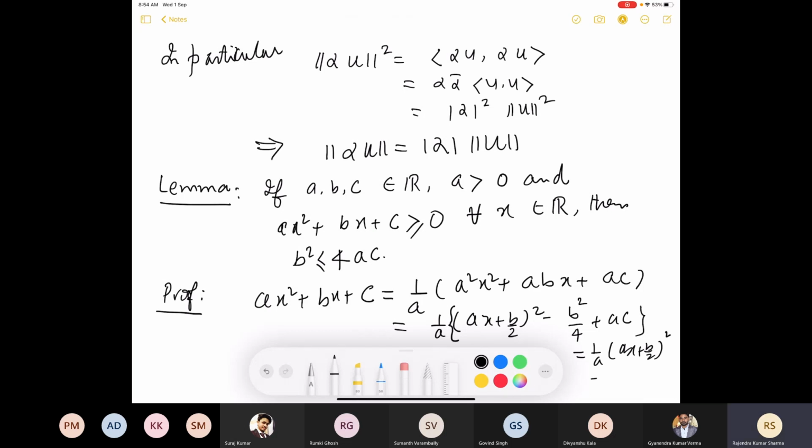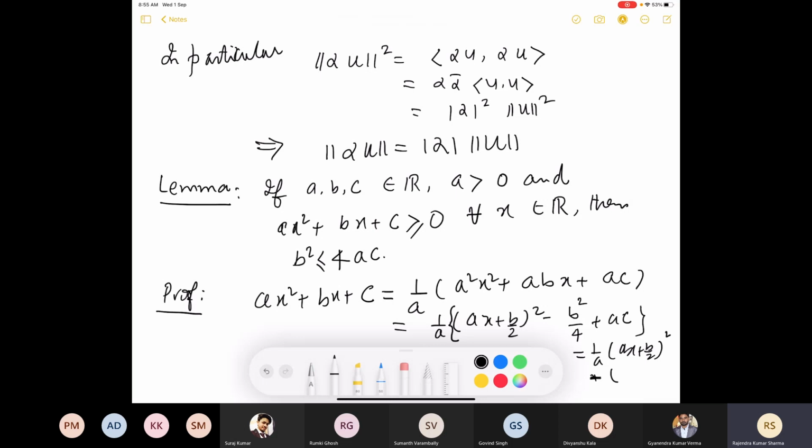And this is plus, you can see that if you take this, b square, this is minus.